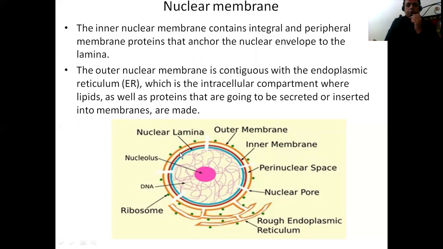Then there is the inner membrane, which is dark pink in color, and it is supported by the lamina, a matrix-like structure made up of different proteins to support the structure of the nucleus.